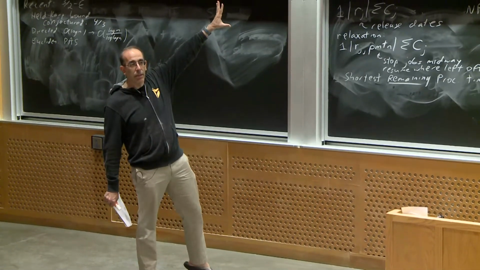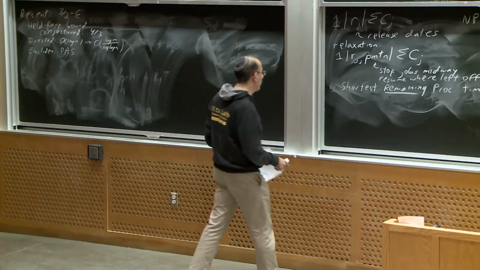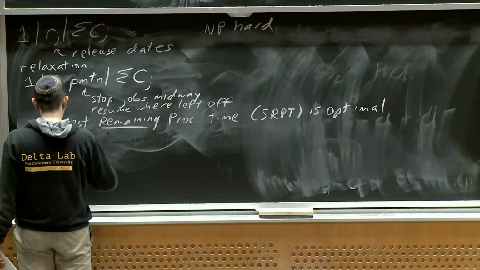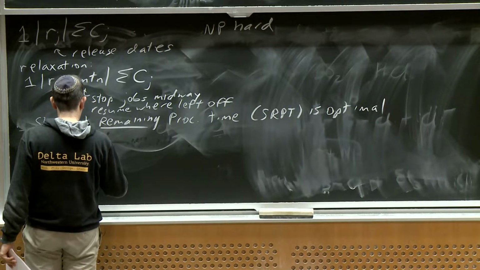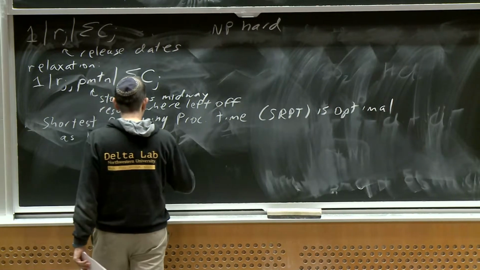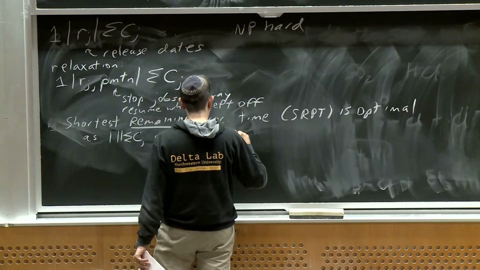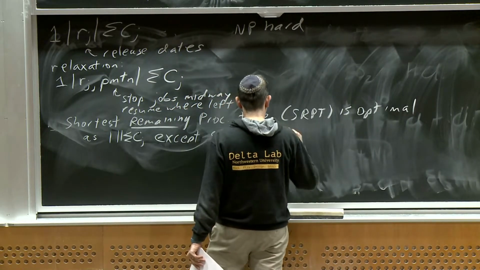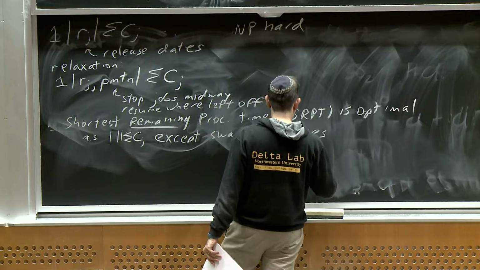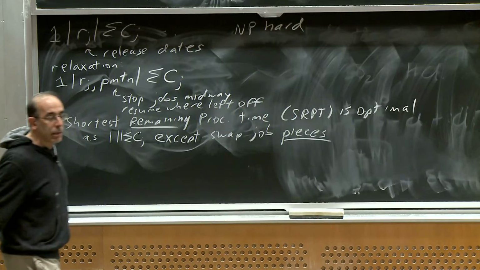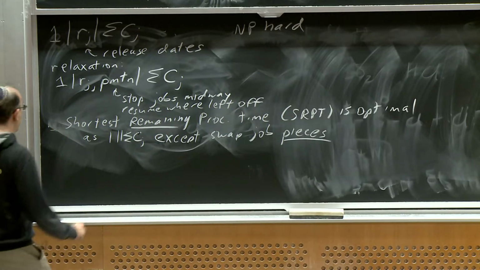Well, we're basically using the same argument as for 1 || sum Cj, except now we think about swapping pieces of jobs. Okay. So again, we consider the optimum schedule.